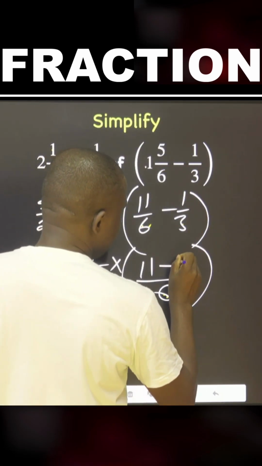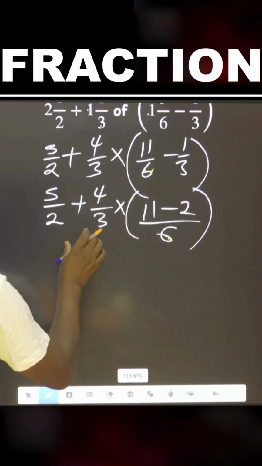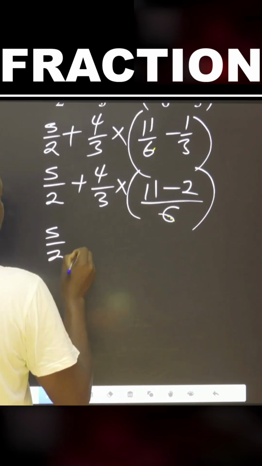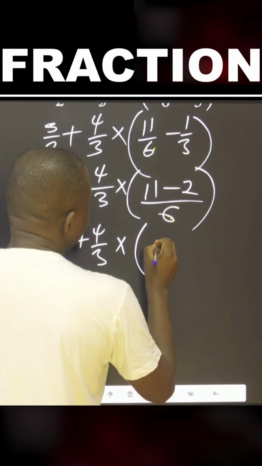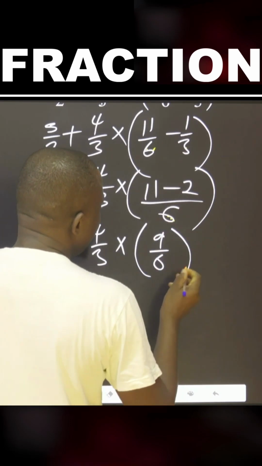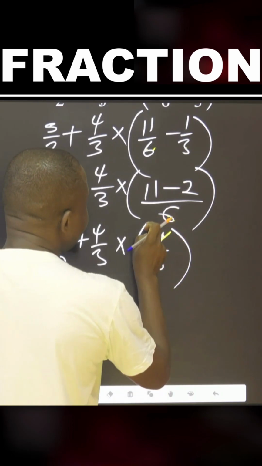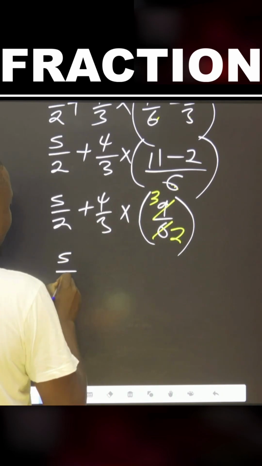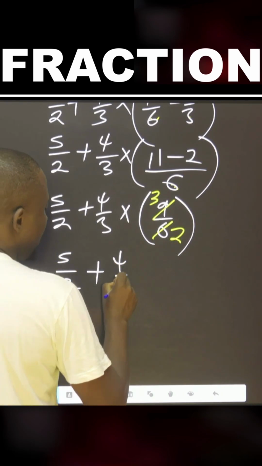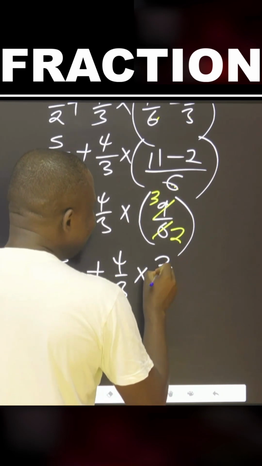That is 11 minus 2, which gives us 9 over 6. You agree with me? 3 here is 3, 3 here is 2. Okay, that is 5 over 2 plus 4 over 3 multiplied by 3 over 2.